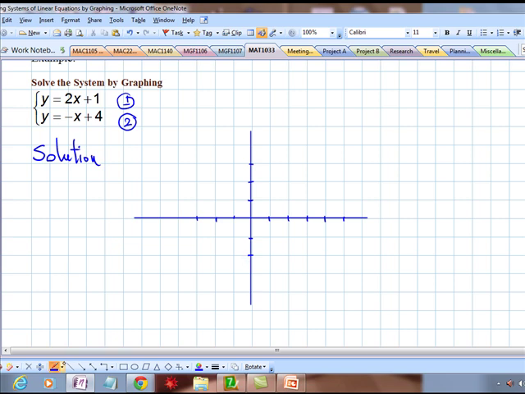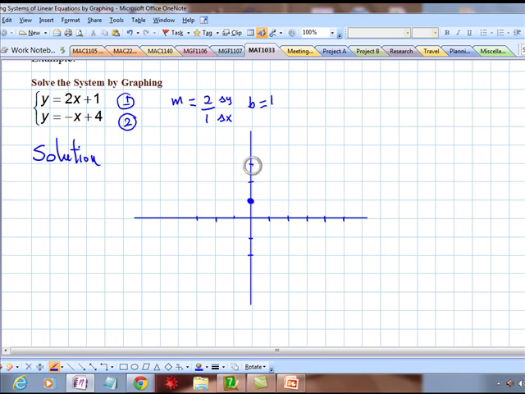So I'm going to graph line 1 using blue ink. I see that for line 1, the slope is 2 over 1, and the y-intercept, which is b, equals 1. So right here is the y-intercept. The slope means change in y over change in x.